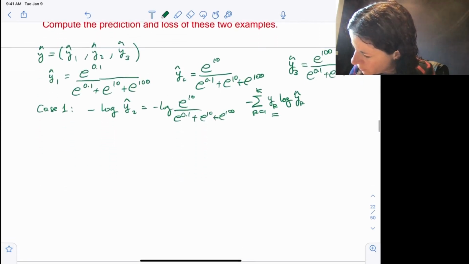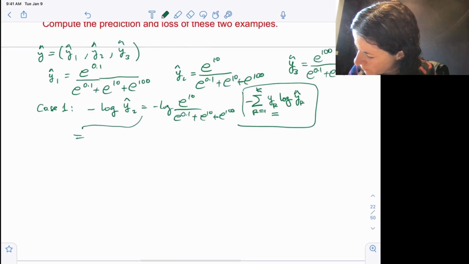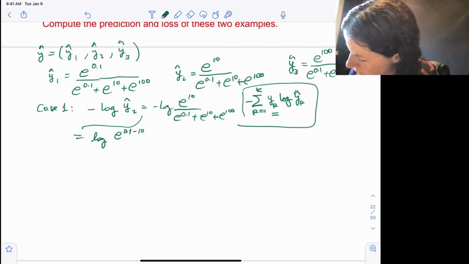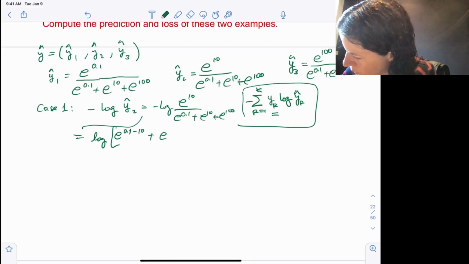And this is equal to the log of e to the 0.1 minus 10, plus e to the 10 divided by e to the 10, which is going to give me 1, plus e to the 100 minus 10, which is going to be e to the 90.